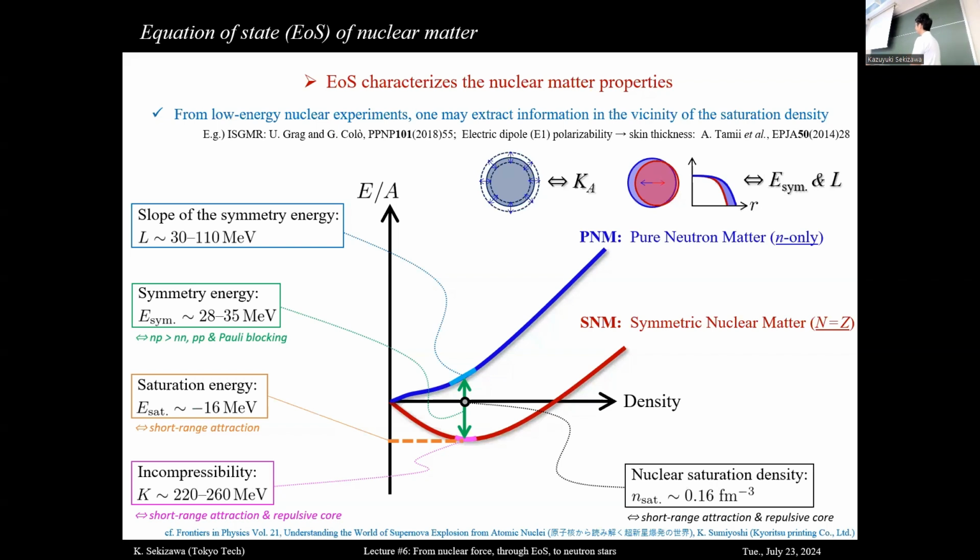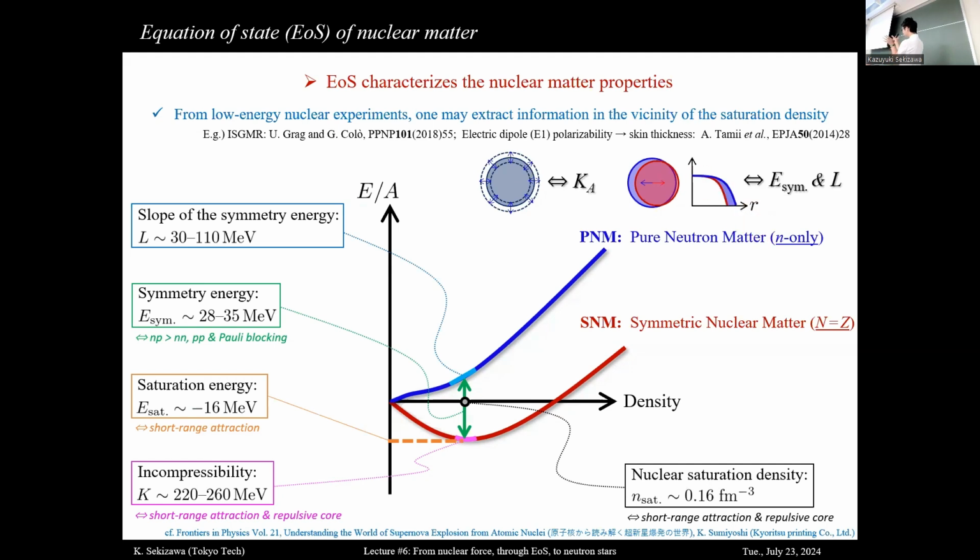And also one can study the so-called giant dipole resonance, which is an out-of-phase oscillation of neutron and proton densities. In case of a heavy nucleus like lead-208, we have some excess neutrons at the surface region, which is known as neutron skin.